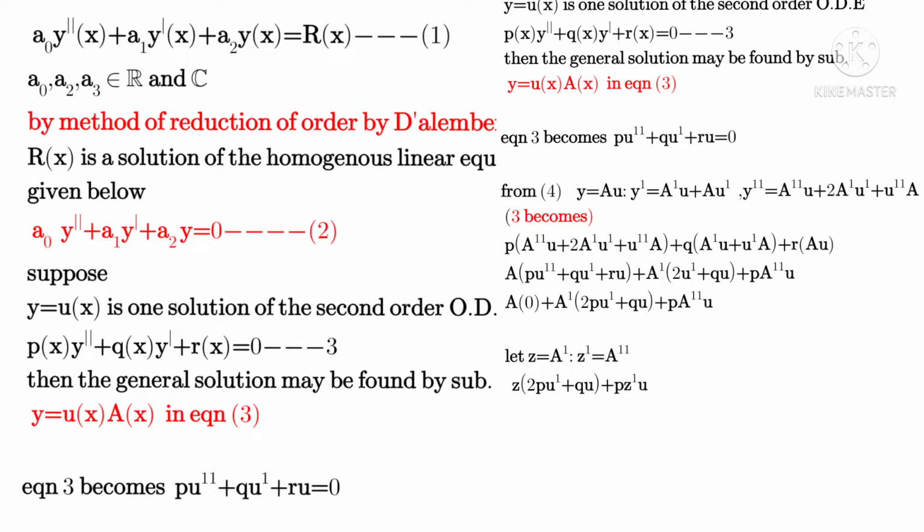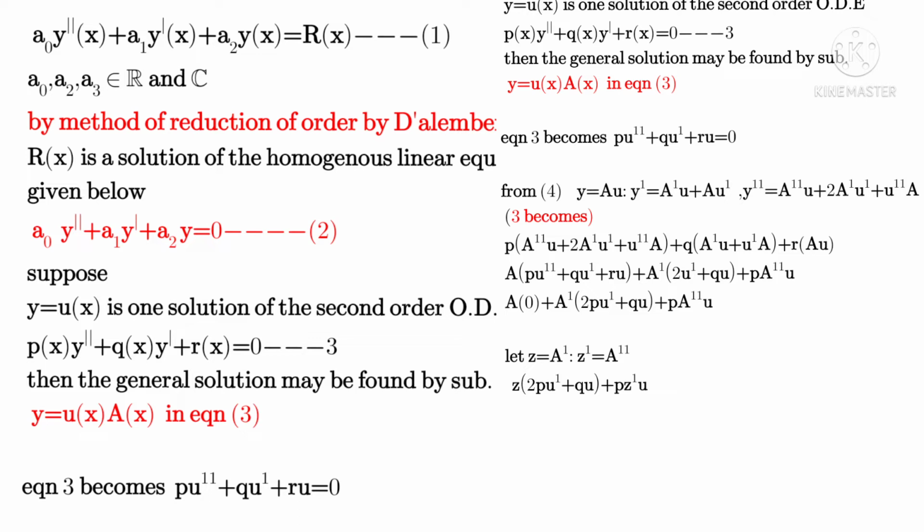Why? Because we already said the general solution can be found using y equals u(x)a(x), which can still be written as a of u. When we differentiate using the product rule, we have a'u plus au'. Differentiating the second time, we have a''u plus 2a'u' plus u''a.